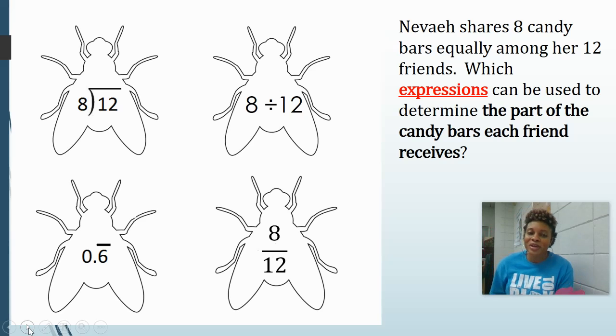I hope you picked the top right fly and the bottom right fly. They both say 8 divided by 12, one with the obelus and one with the fraction bar. The other ones are not quite right.